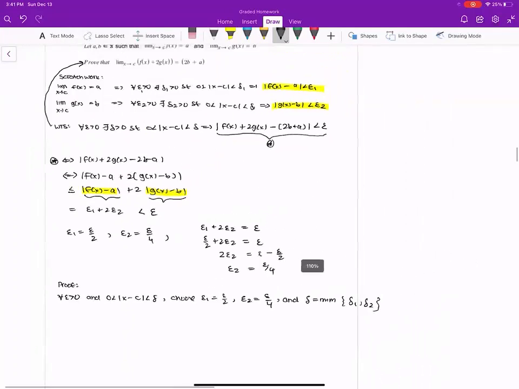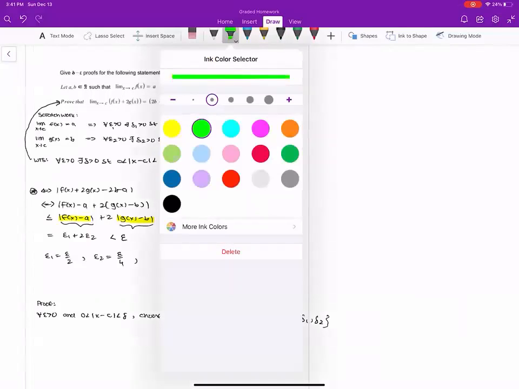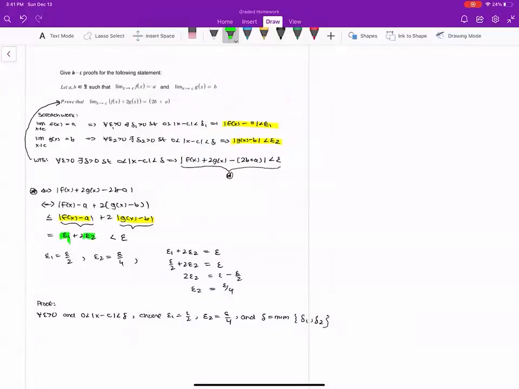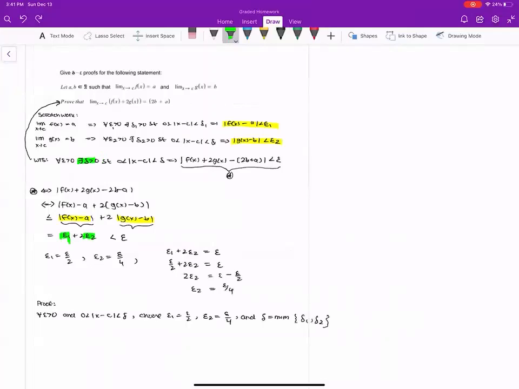This is because when we substituted for delta 1 and delta 2, there had to exist a delta 1 and delta 2.